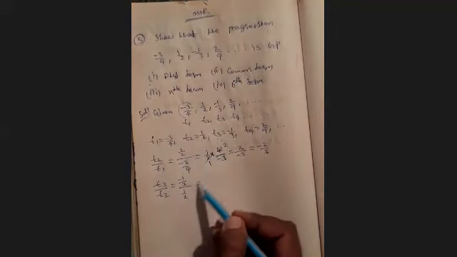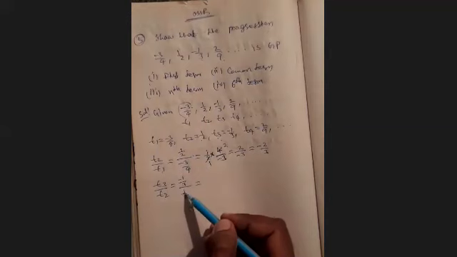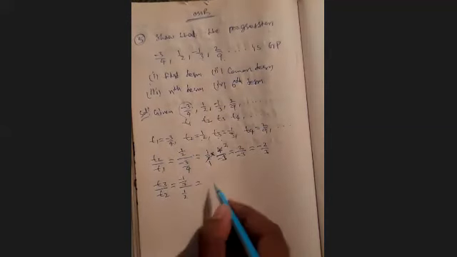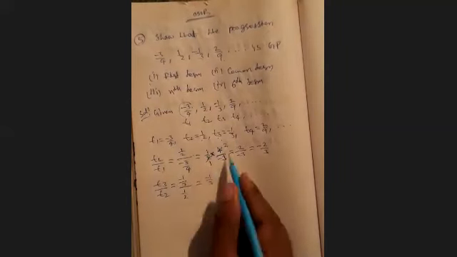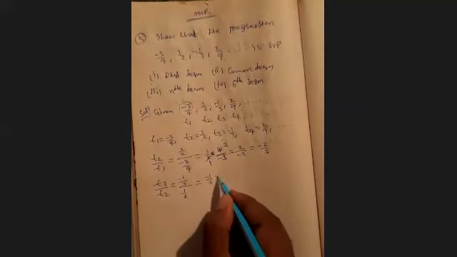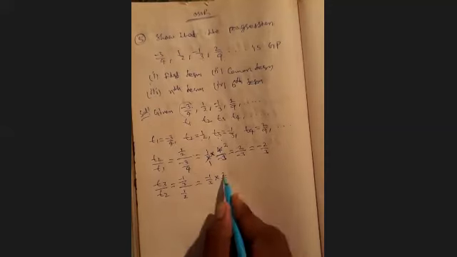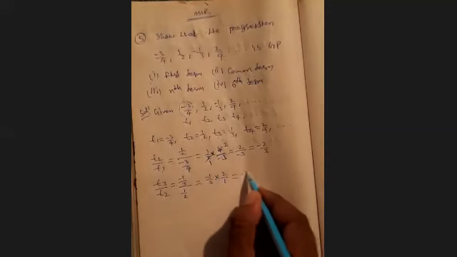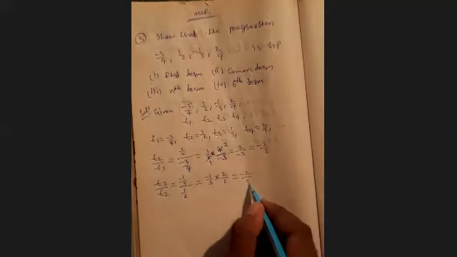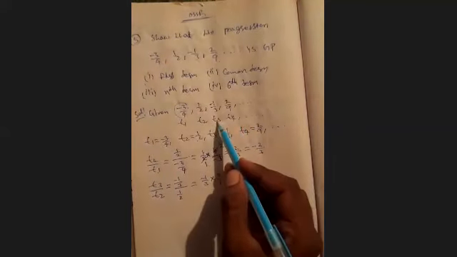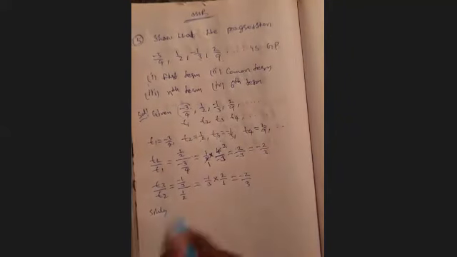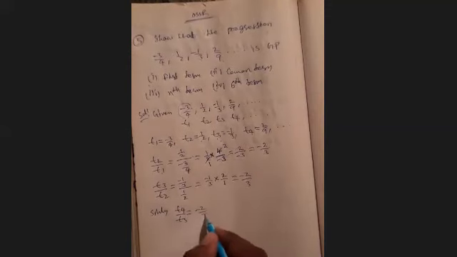Same, like 1 by 2 I wrote and this I wrote 4 by minus 3. This is also 2 by 1 into minus 1 by 3. See, 2 into minus 1 is minus 2, 3 into 1 is 3, minus 2 by 3. See, same. If you do T4 by T3 also you will get the same. Similarly, T4 by T3 is also minus 2 by 3.